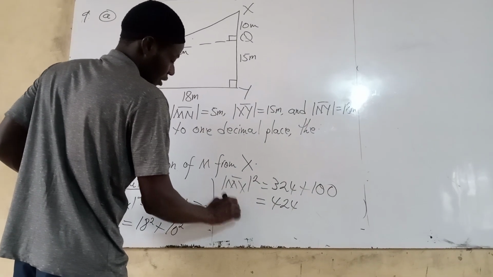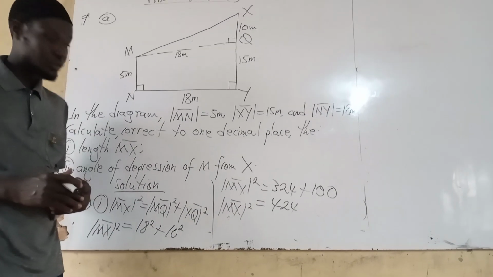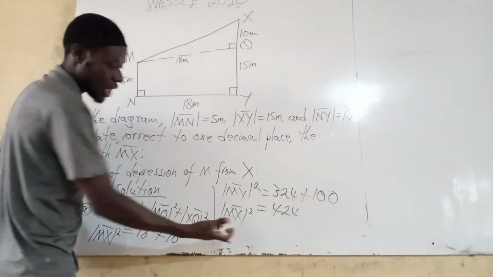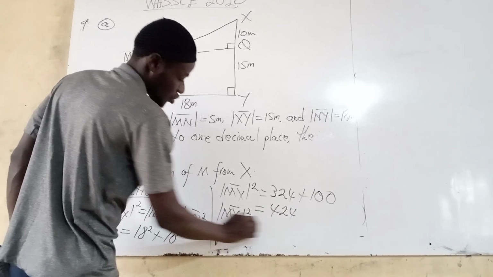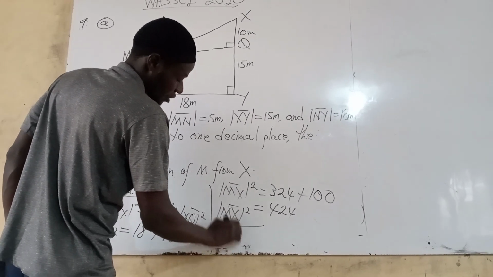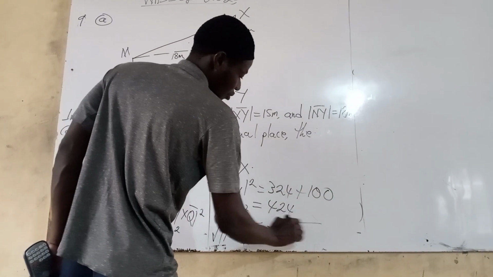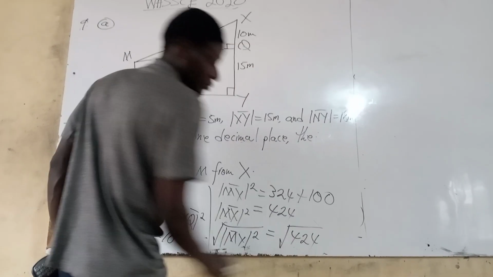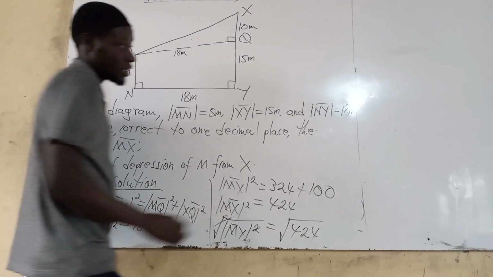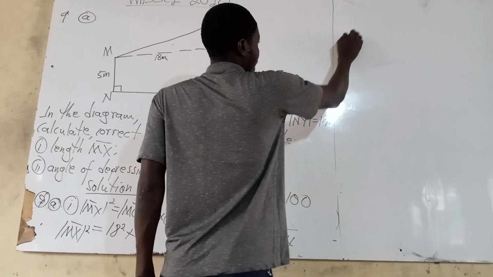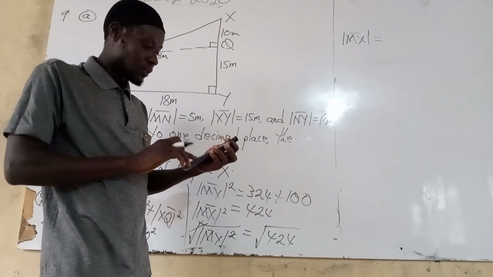So the length of MX squared will be 424 if you add the two. Now we want the length of line MX, not square. So we introduce square root. The square root of MX squared will be equal to the square root of 424. So the square root will cancel the square, giving the length of line MX equal to the square root of 424.